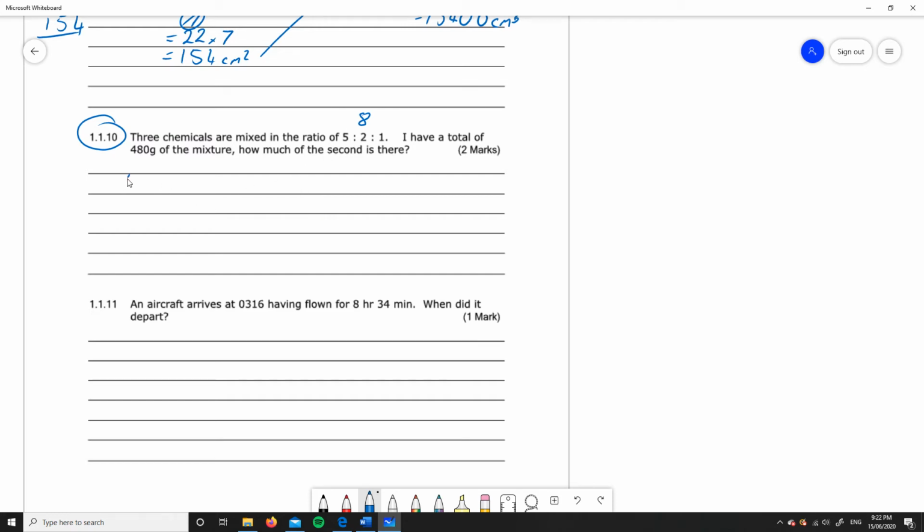Okay, so 480 divided by 8 essentially means that each part is going to weigh 60 grams. So of the second, we're looking at 60 grams times 2 equaling 120 grams of part 2.